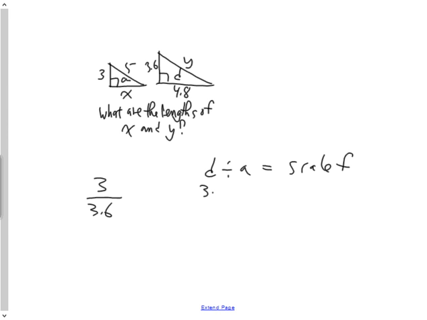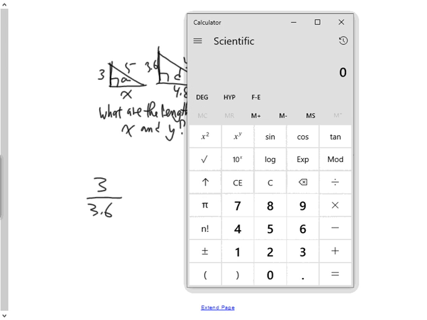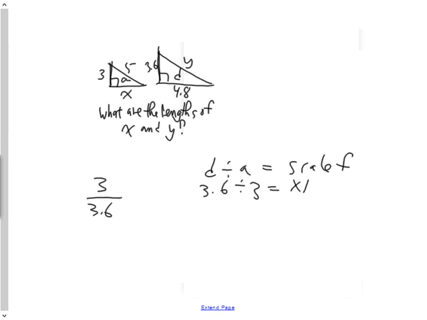So 3.6 divided by 3, the d divided by a. 3.6 divided by 3 is 1.2. So the scale factor is 1.2, which means if I multiply my actuals by 1.2, I will get y. So 5 times 1.2 is 6.